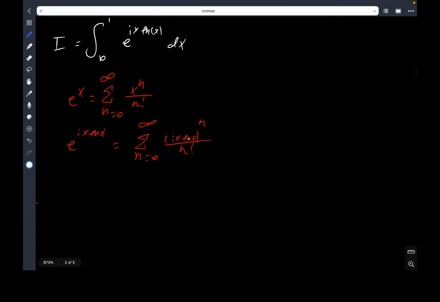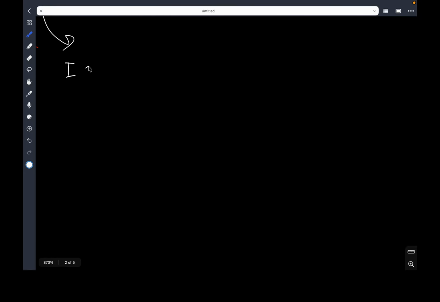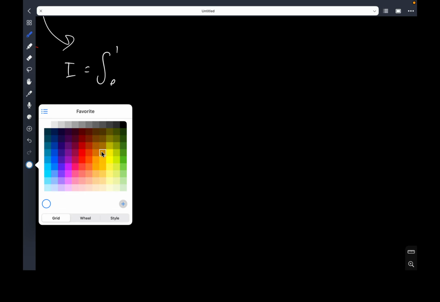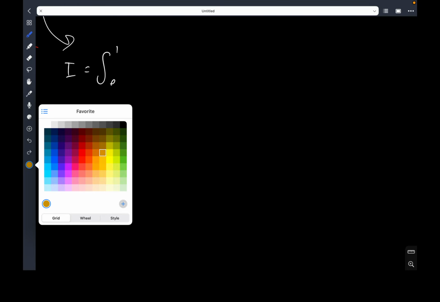Therefore, I can write this integral from 0 to 1 as the sum. Sorry, let me choose another color.